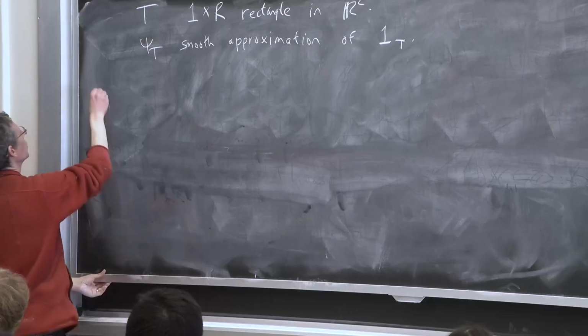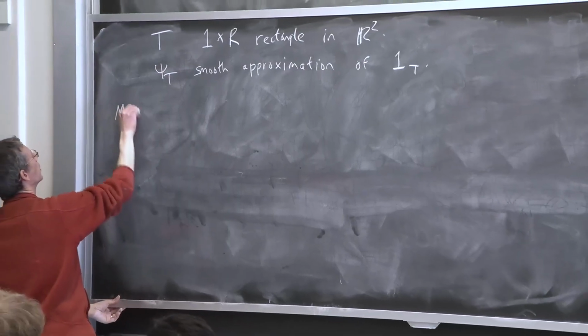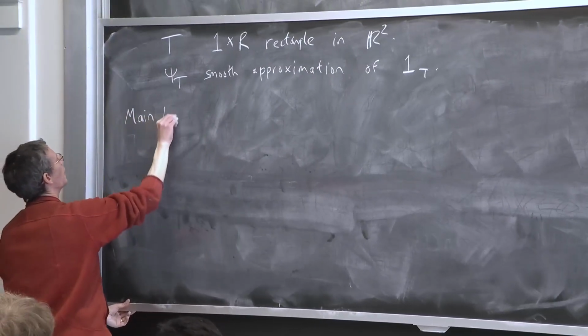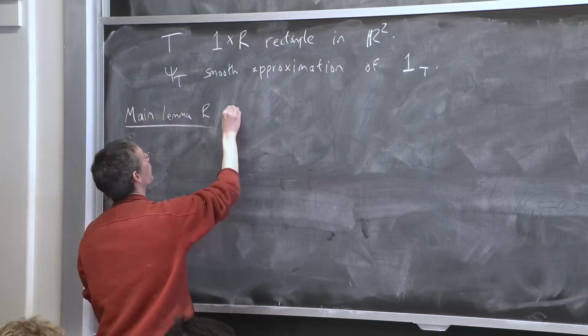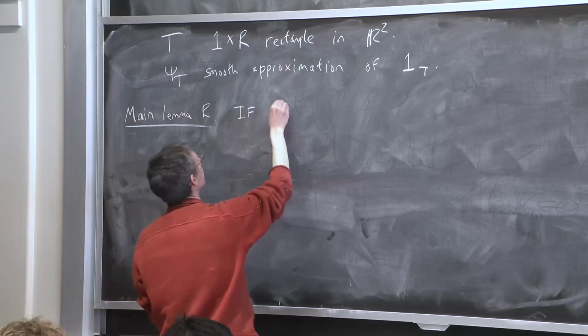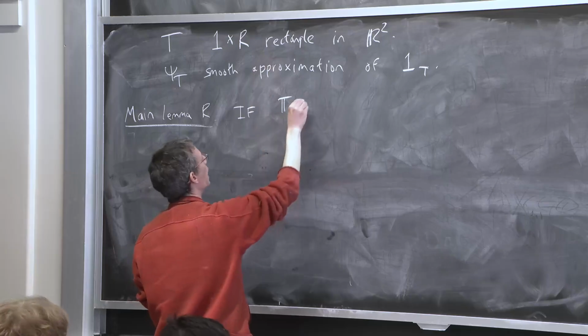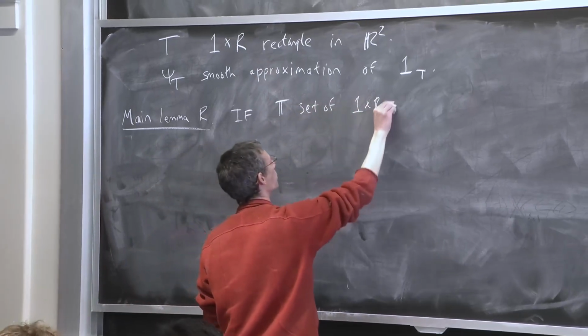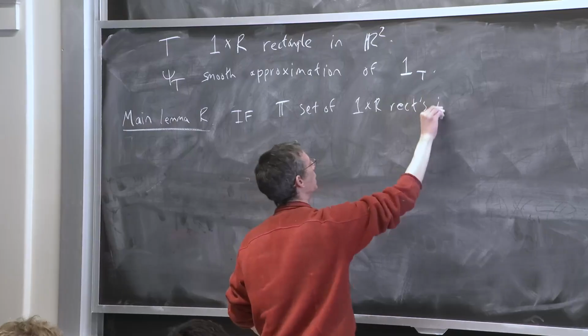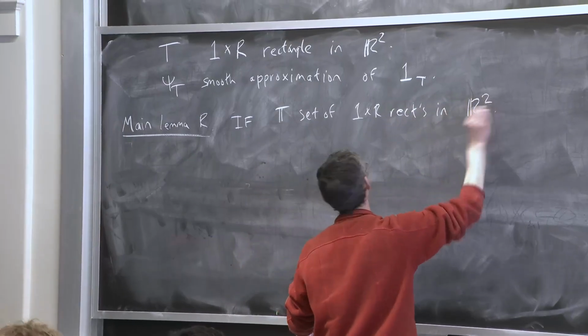OK, so now here is our main lemma in the real case. Instead of L is a set of lines, T is a set of 1 by R rectangles in the plane R2.